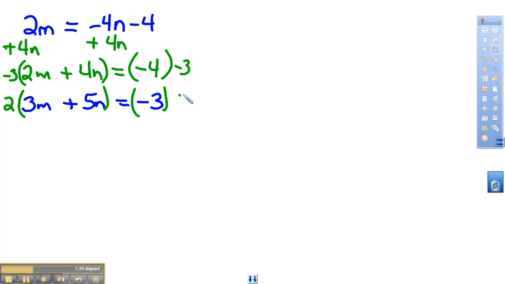In this case, the result is negative 6m minus 12n equals 12. Do not forget to multiply both sides of the equation. Our other equation becomes 6m, notice the same coefficient, different sign, plus 10n is equal to negative 6.